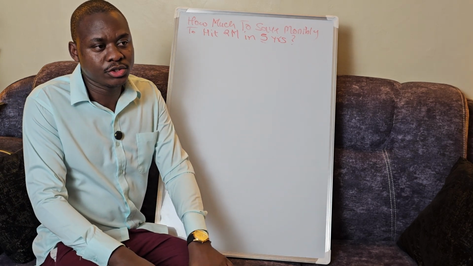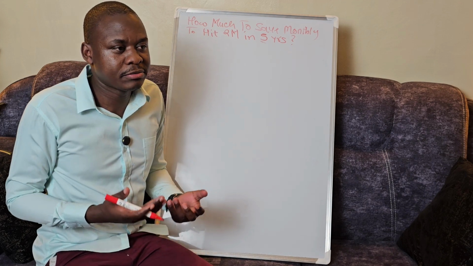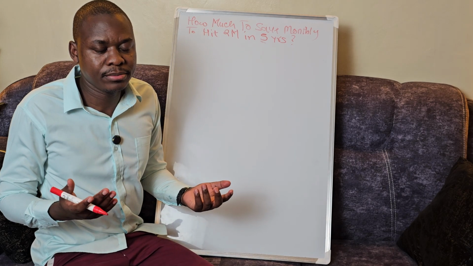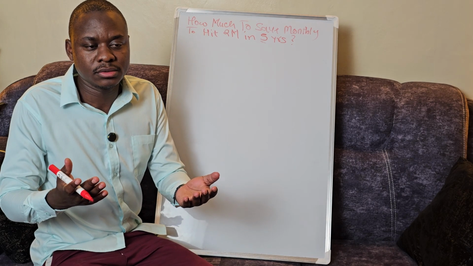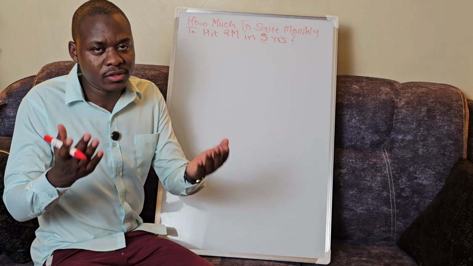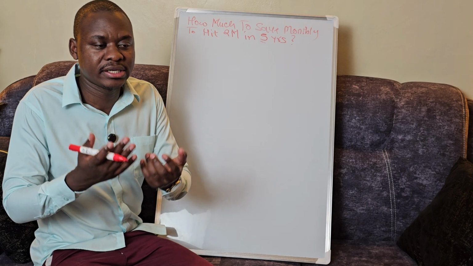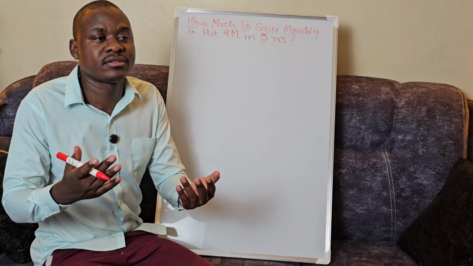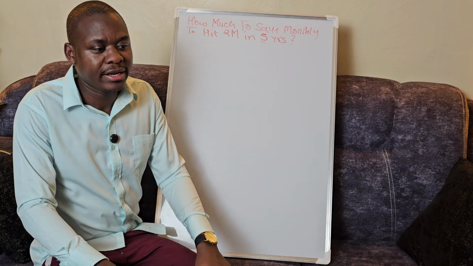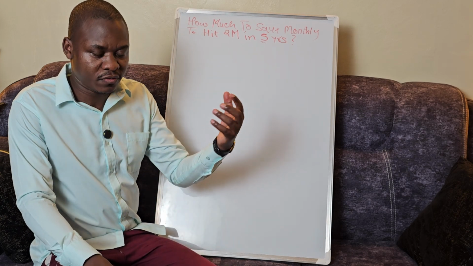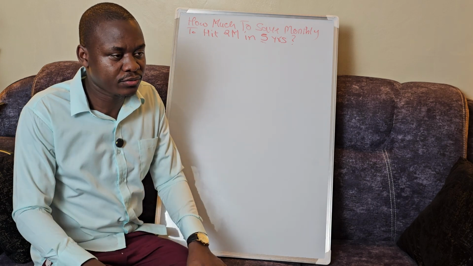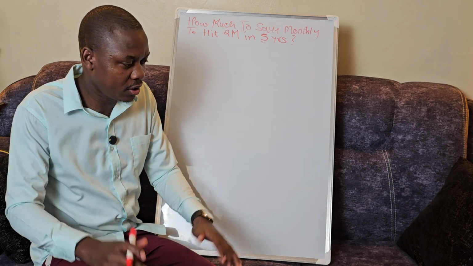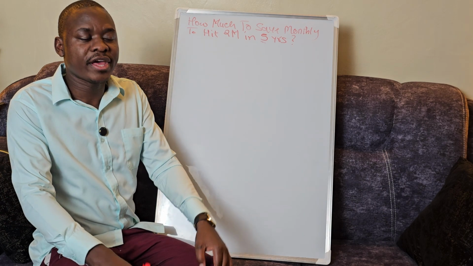For example, you might be told they are offering you 12% interest per annum. I want to break down this 12% so that we get the actual figure.